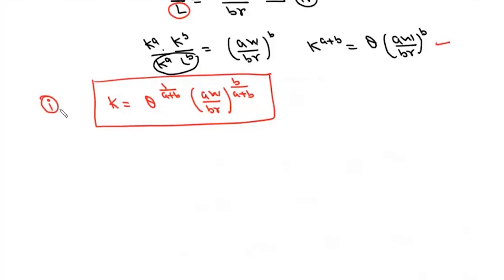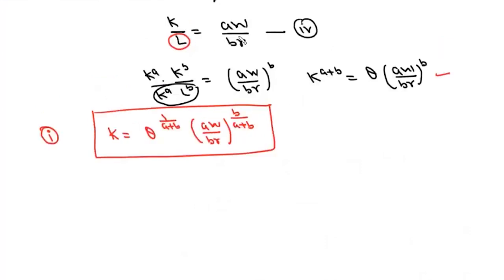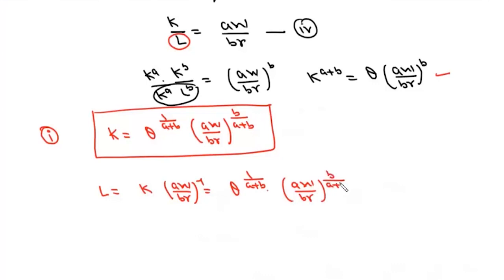Now we'll also need to find the cost minimizing input of labor. We know that K upon L is aw upon br, so we can write L as K into aw upon br to the power minus 1. So it will be q to the power 1 upon a plus b into aw upon br to the power b upon a plus b, and then this minus 1, so it will be this minus a.